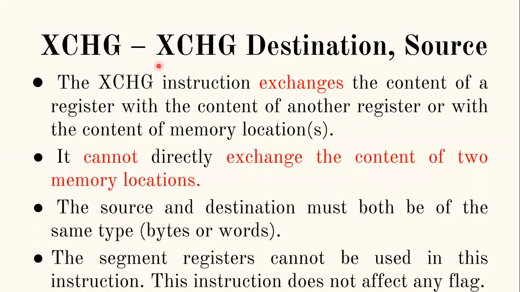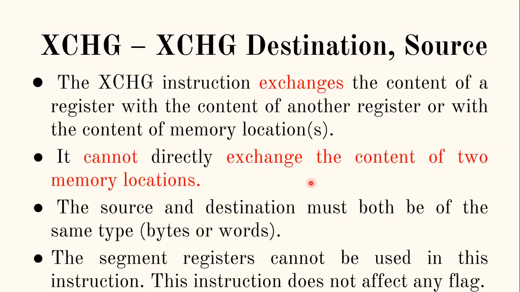Then we have the exchange instruction, whose opcode is XCHG and the format is XCHG destination, source. As the name indicates, this instruction exchanges the contents of the registers mentioned in the source and destination. The thing to be kept in mind for the exchange instruction is that it cannot directly exchange the content of two memory locations.